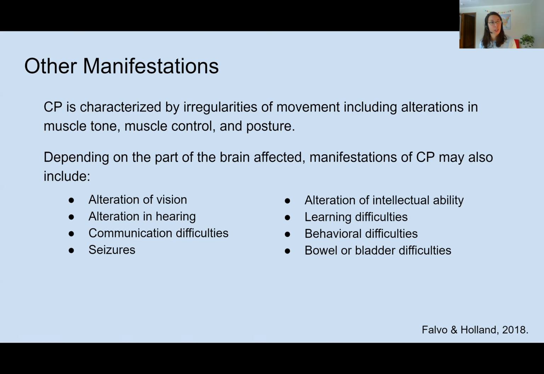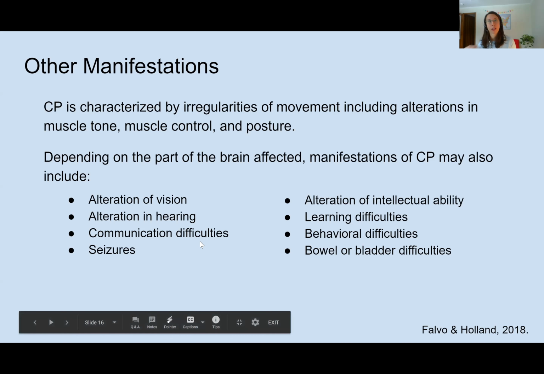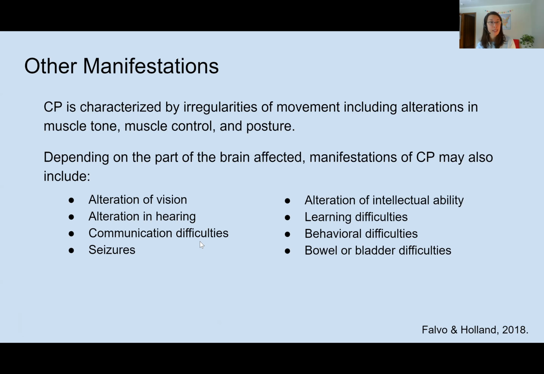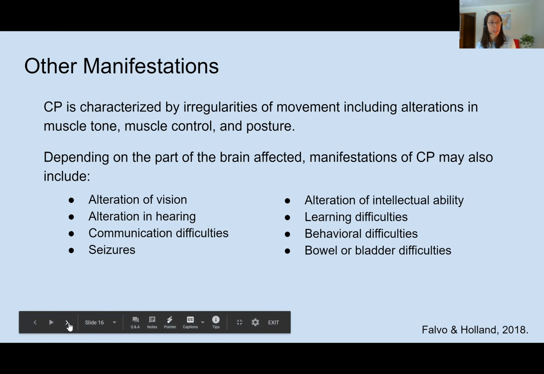So things like alteration of vision, hearing, communication, seizures, intellectual ability, learning difficulties, behavior difficulties, being able to control bowel and bladder. Depending on what part of the brain and how severe the manifestation, you might see some of these things. It's not guaranteed.